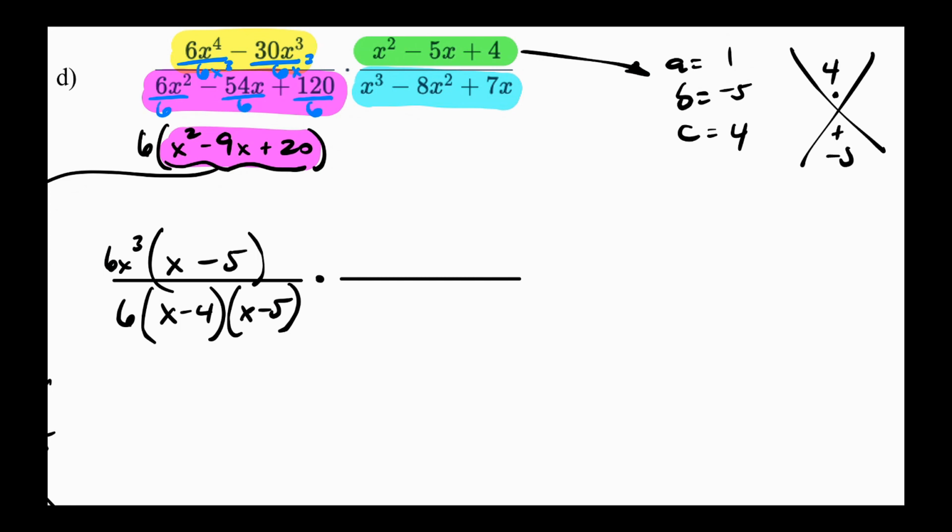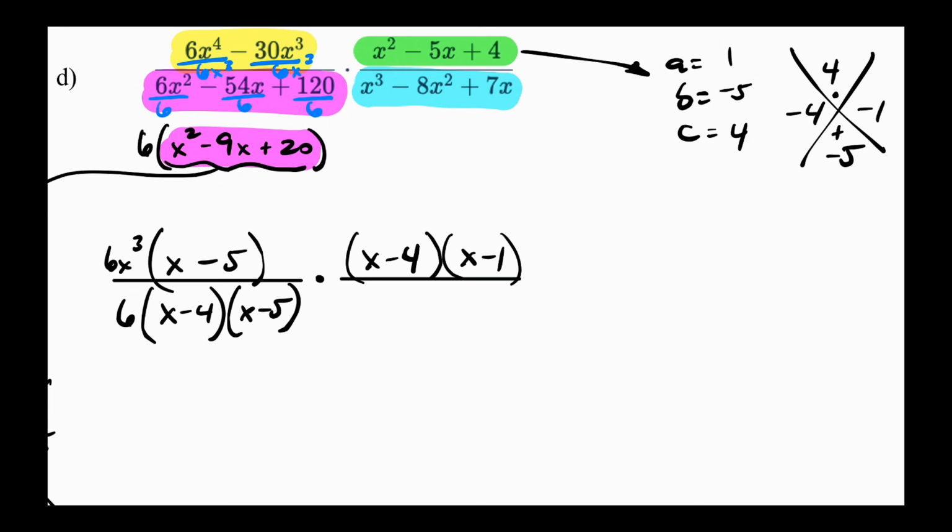Multiply to be 4, add to be negative 5. There you go. Negative 4, negative 1. Good. There we go. Done with the green.